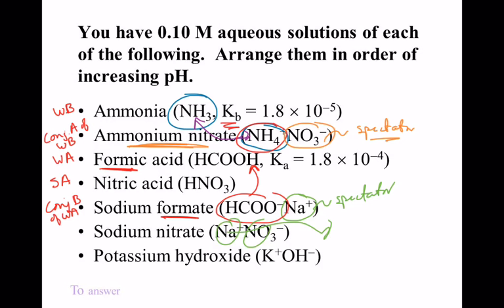I'll give you a hint. Well, I guess that's where I was confused. So they're spectators. By golly, if you take solid sodium nitrate and dissolve it in water, it'll be neutral. There's no effect. No acid-base chemistry. So this is the only one that's actually neutral.